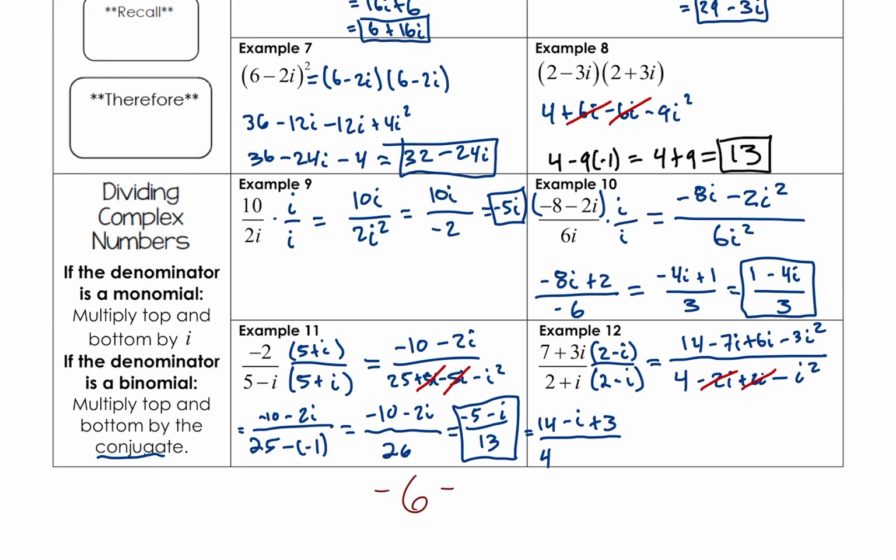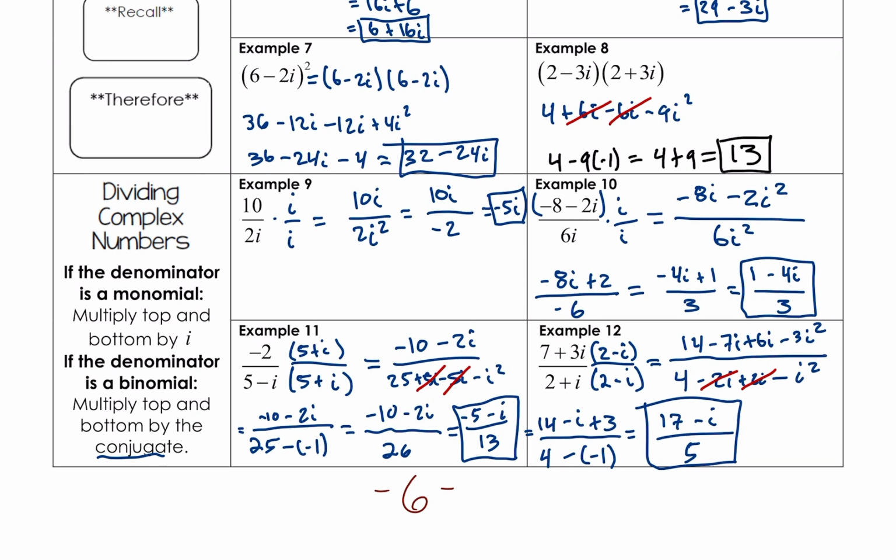And then a negative 1. So subtract negative 1. Okay. Now I can combine my 14 and my 3 to make 17 minus i on the top. And then 4 subtract negative 1 is really 4 plus 1, which is 5. And that will be my final answer for example 12.